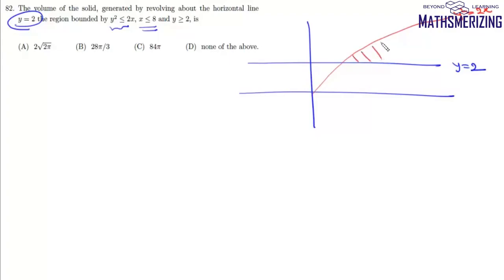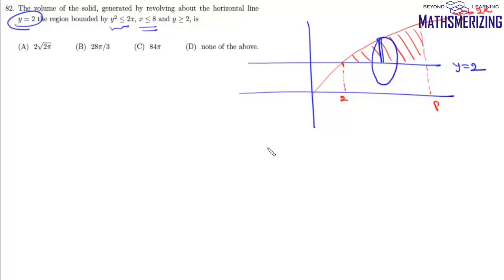The point of intersection is when the value of y is 2, the value of x is also 2. So this region is from 2 to x equals 8. So we take this region and then we rotate it about the y equals 2 line to form a volume of revolution. Now we'll revolve it about this y equals 2 line. Then we'll take any one element.